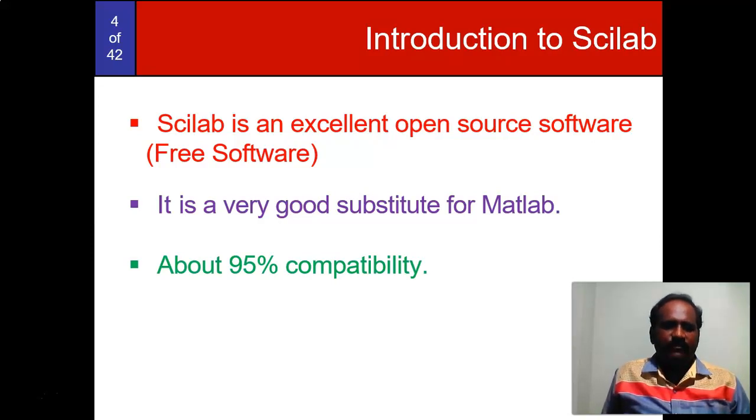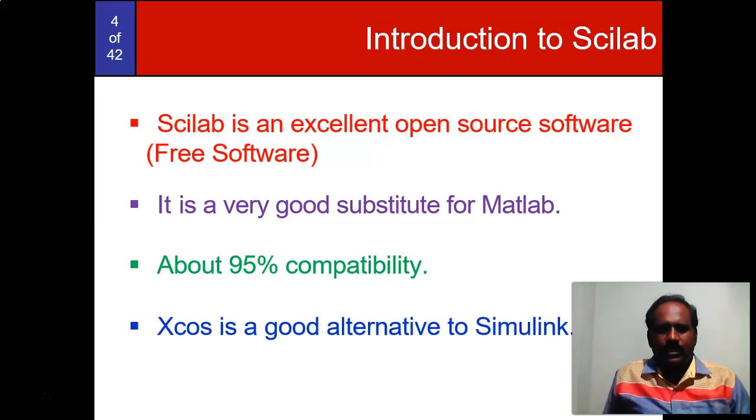It has 95% compatibility when compared with MATLAB. And Xcos is a very good alternative to Simulink. When you are using MATLAB, you use Simulink, you know. The alternative for Simulink is Xcos.